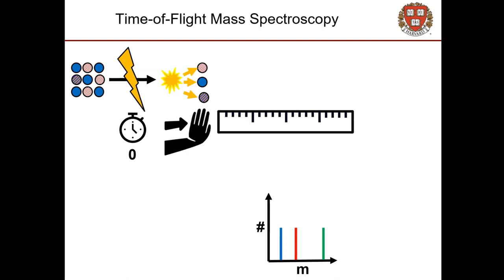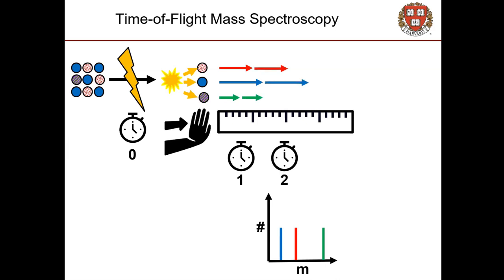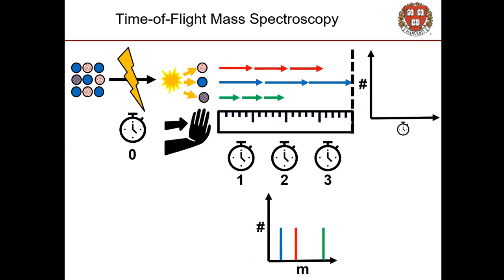And as time ticks forward, what we will see is that the different species that we have liberated are going to spatially separate. Since they have different masses and are all experiencing the same potential, they are going to experience different forces proportional to their mass. And as time ticks forward, one of them, in this case blue in the middle, will arrive at the finish line of our racetrack first and be recorded on a time of flight spectrum as a single count at one particular time.